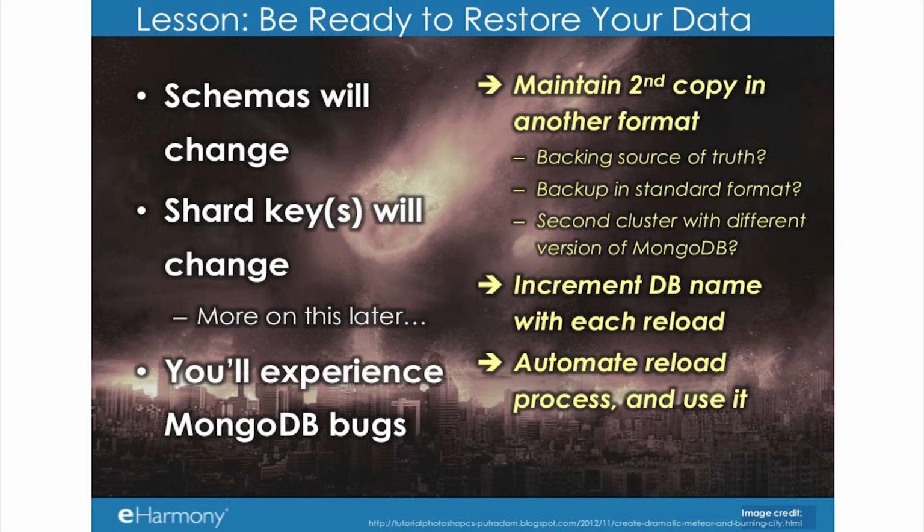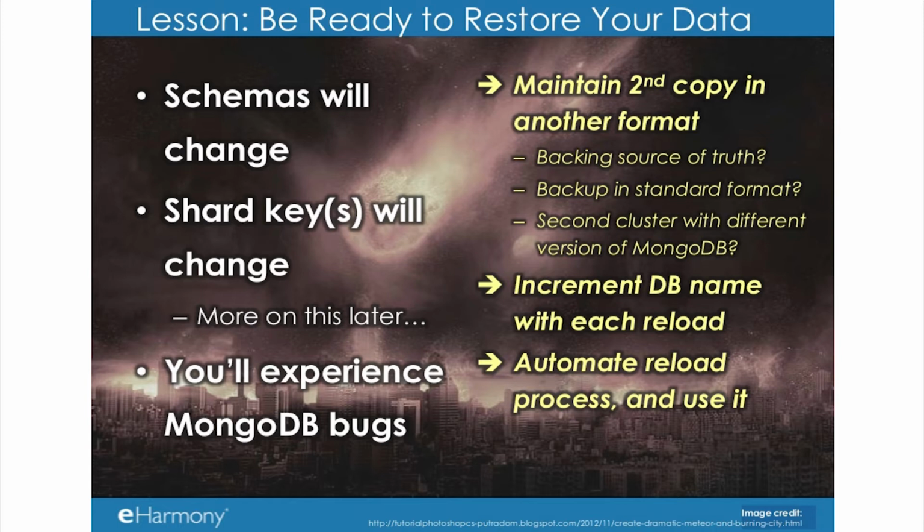Sooner or later, for whatever reason, you are going to be in a situation where you look at your Mongo cluster and say, I don't want any of the data that I have in there anymore. There could be a variety of reasons for that. Maybe you're just hearing this advice about keeping your field names small for the first time today, and you realized that your cluster is about to fall off a performance cliff based on the amount of data, so you want to change the schema of every single field, every single record in your database.